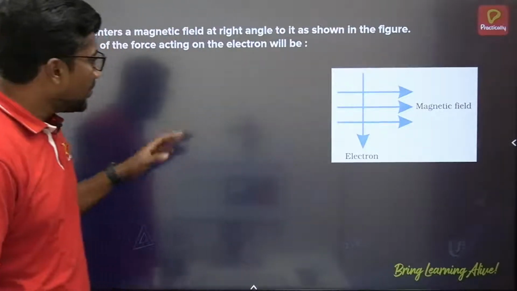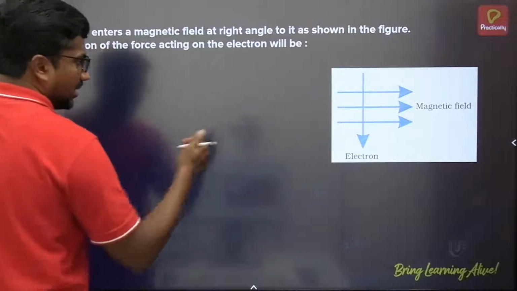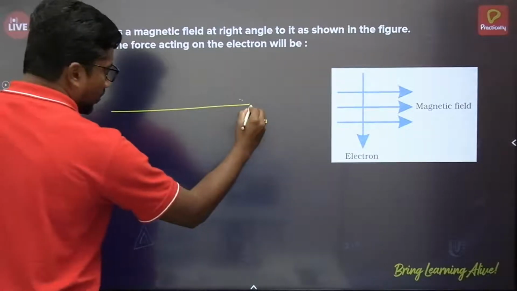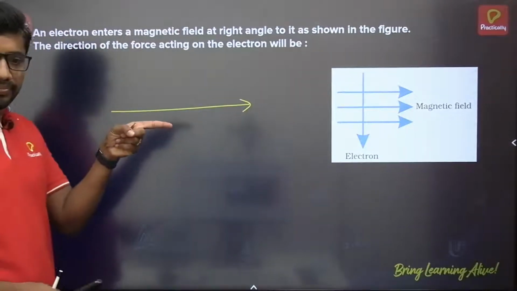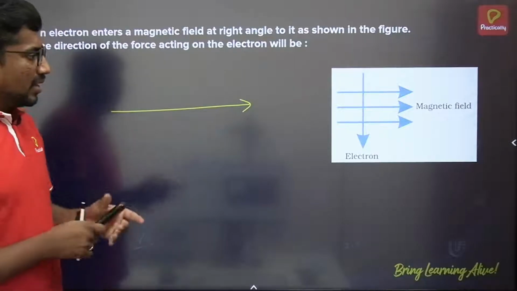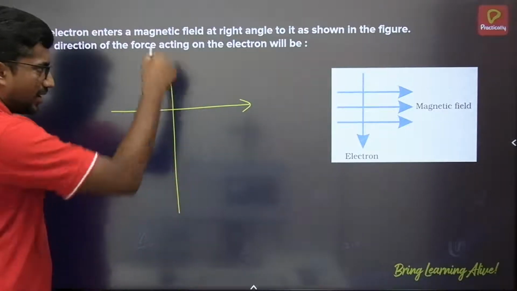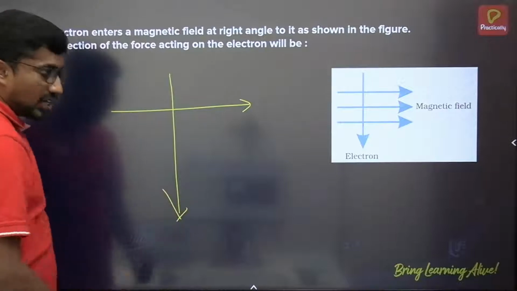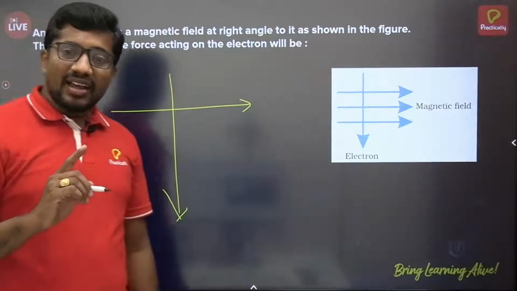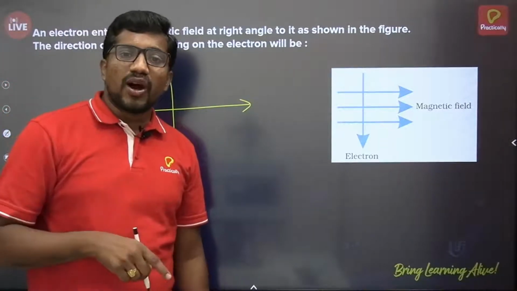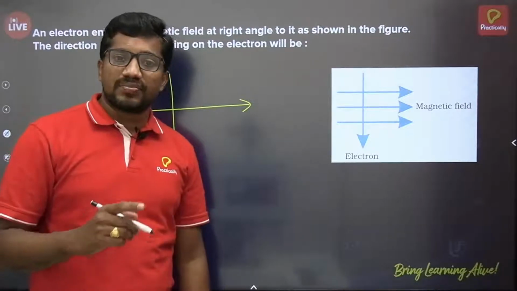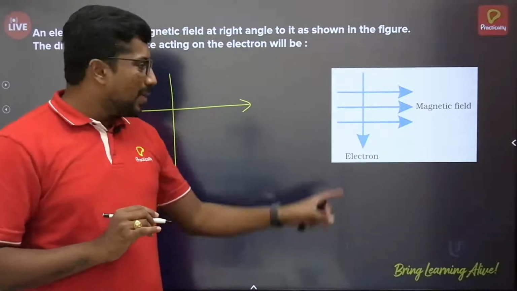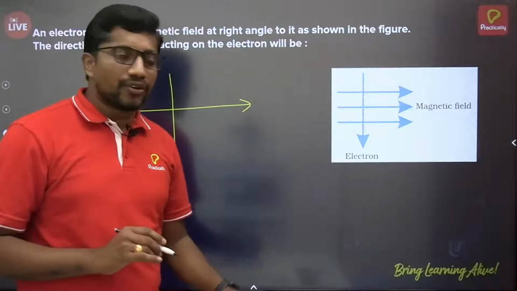So see here, magnetic field is directed like this. Electron is represented here, if I take this as a plane, it's showing downward. But actually we always follow the conventional current direction, which is from positive to negative. Electron current direction is from negative to positive.